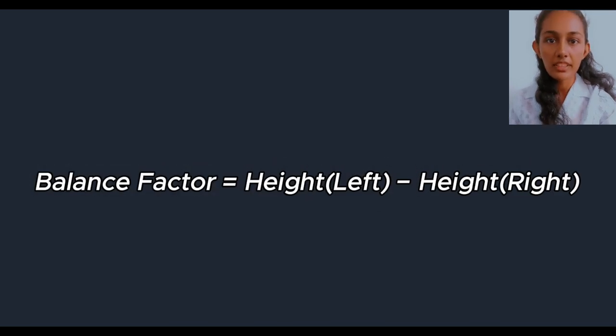Now we have to find the balance factor. To find it, we use this scale meter: balance factor equals height left minus height right. The scale is balanced if the answer is only -1, 0 or 1.